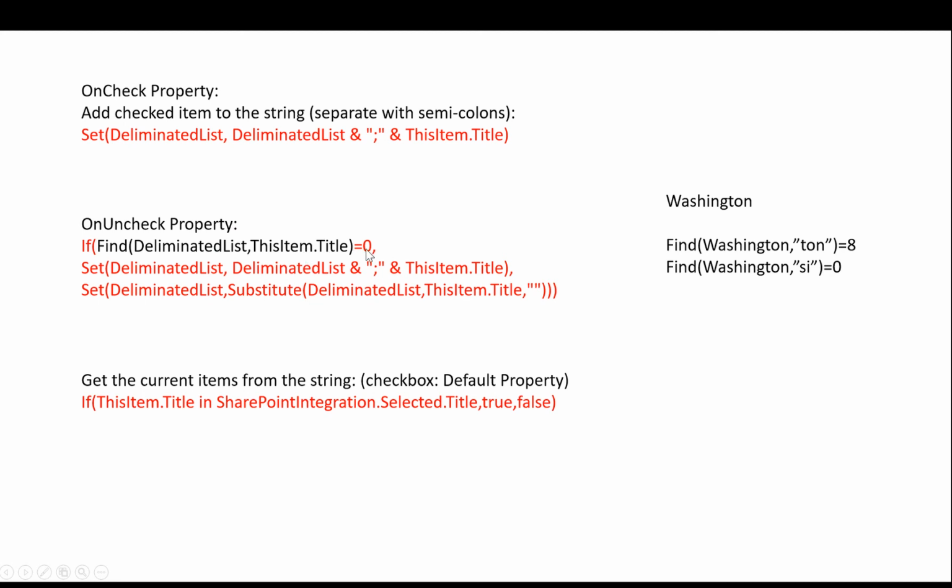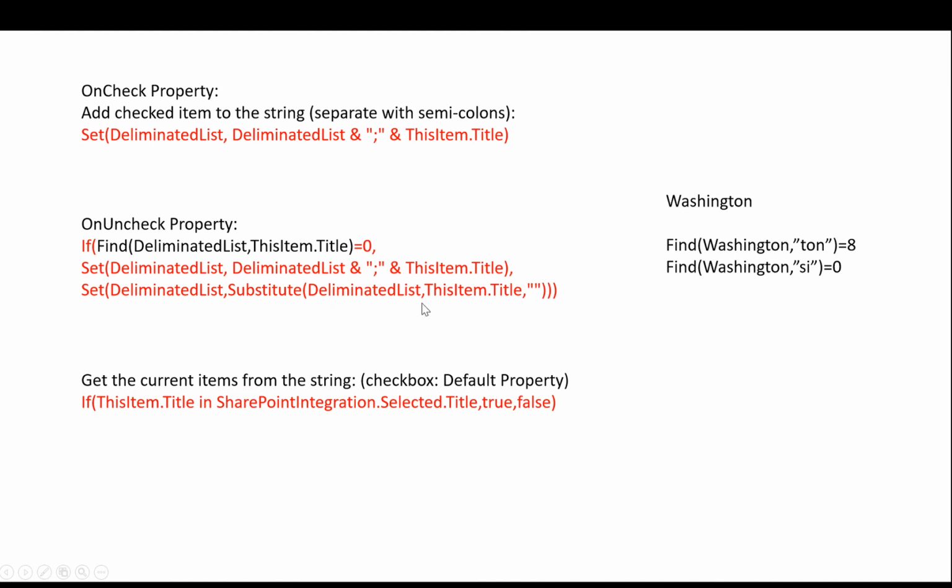If it's not there, then go ahead and do what we did before. Add it. It's assuming that maybe they're just clicking and they just need to add it. But if it is there, this means they've unchecked it. Then I'd like you to do a substitution. And we've seen this formula before in one of my previous Friday Functions videos.